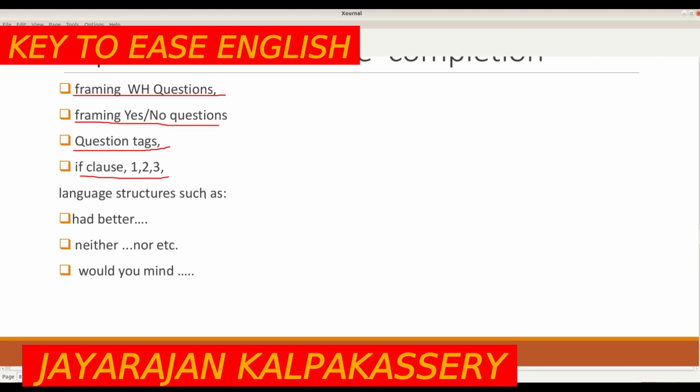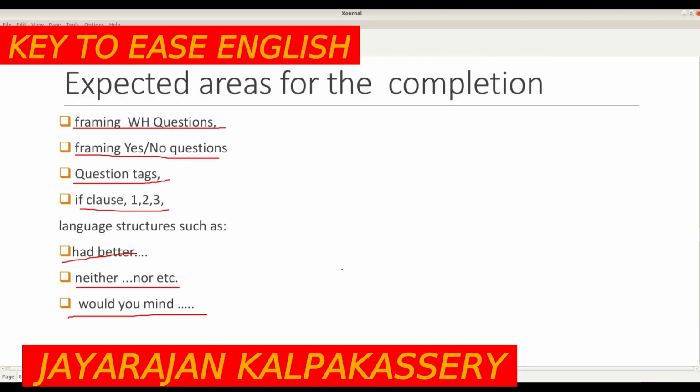And there are certain language structures such as had better, which we have seen now, neither nor may be asked, or would you mind? And after would you mind, we know that the ing form must be used. Would you mind helping me? Would you mind giving me your pen? These are quite common areas which will be checked in conversation completion.